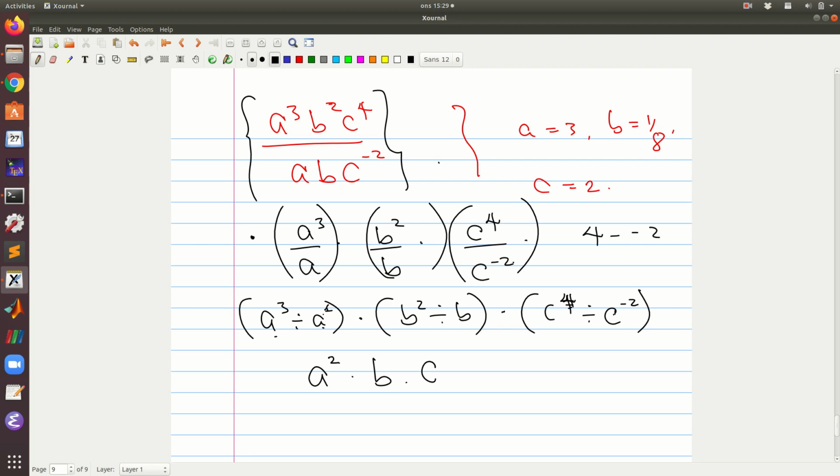Since the base is the same and we are dividing, remember this is 4 and this is negative 2, so it is 4 minus negative 2, which gives us c to the 6. And then you can substitute in the values which they have given you: 3 for a, 1/8 for b, and 2 for c, and then you simplify and give the result.